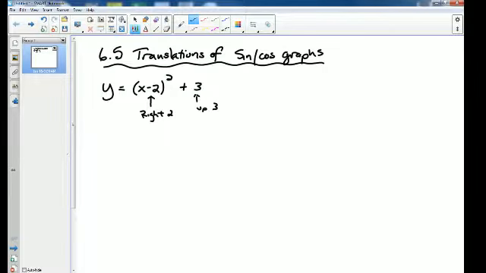Let's write one up here. See the similarities here? What are we doing with this? Left. Remember, it's the opposite.